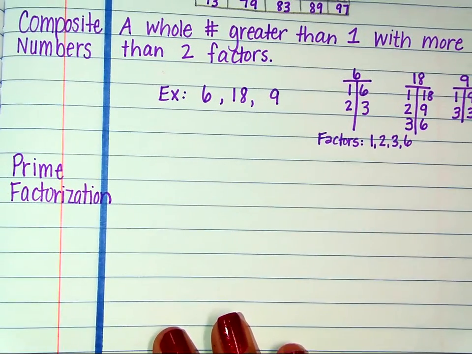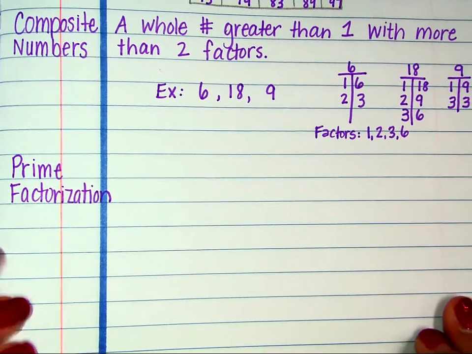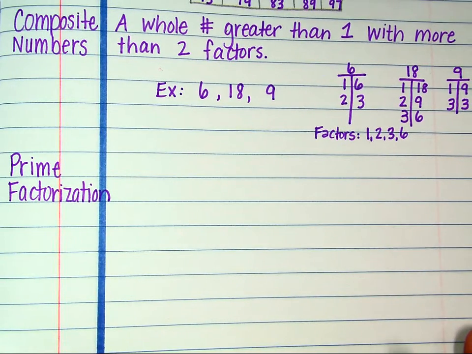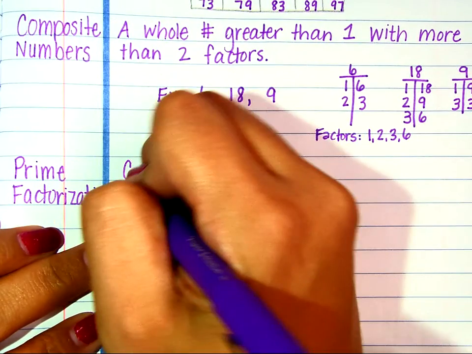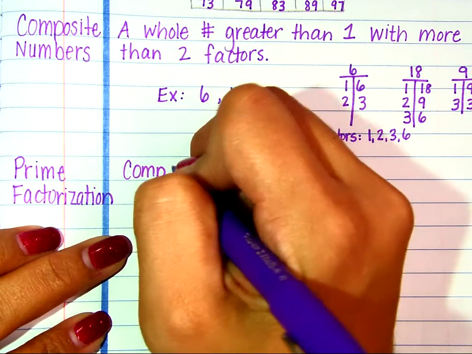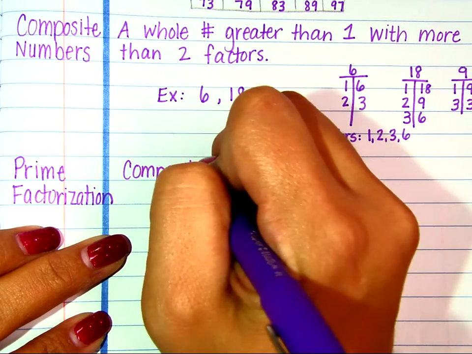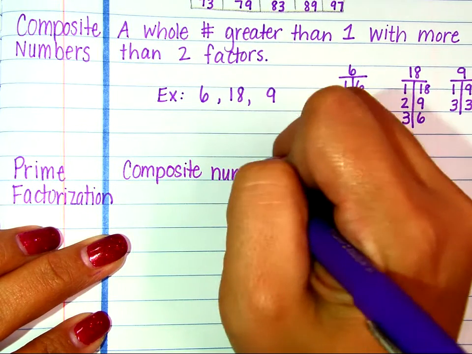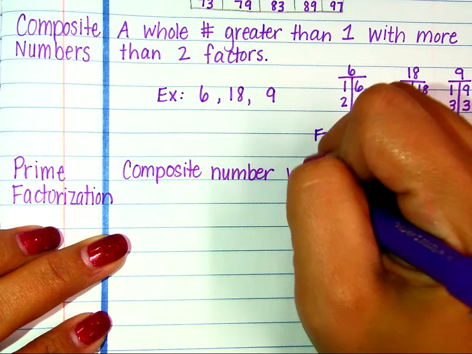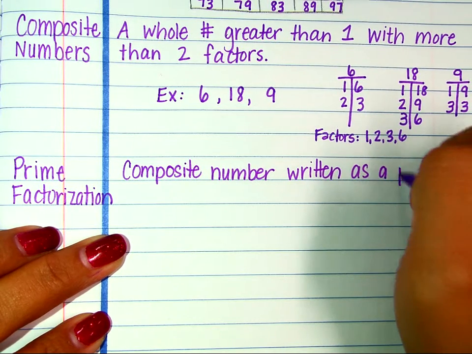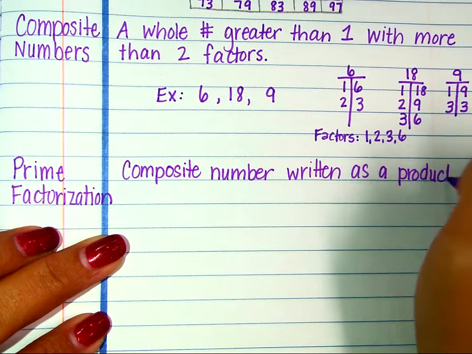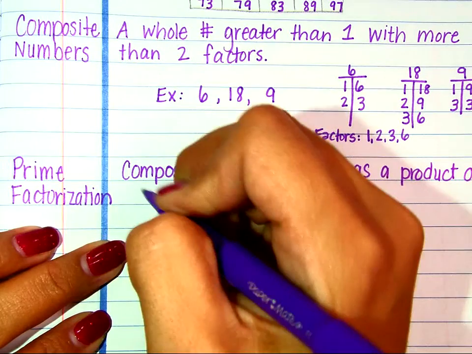Prime factorization, an easy way to think about it, is breaking down a composite number. The mathematical description for it is this: a composite number written as a product of prime numbers.